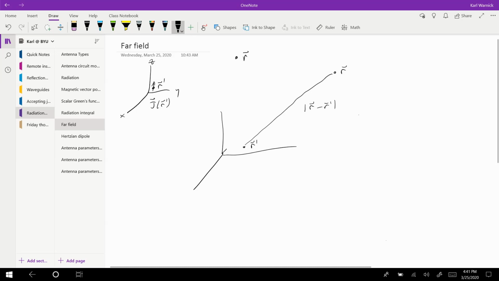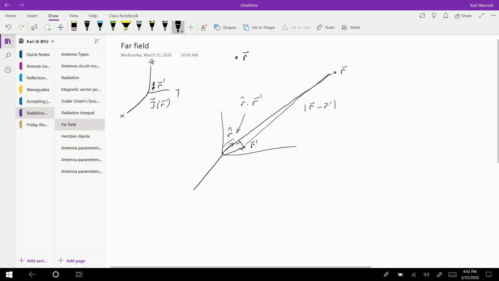So the vector r hat is a unit vector that points in the direction of the field point, and the vector r prime is a vector that goes to the location of the source point, r prime. Well, it turns out that if I make a right triangle, this little piece has length r hat dot r prime, and that comes from vector notation in trigonometry.